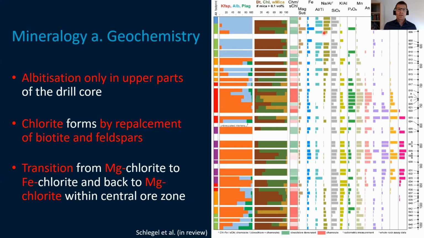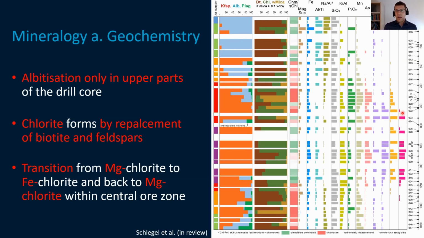We see the broad sodic and potassic alteration envelopes with albite at the top, but this is from assay data, and from potassium over aluminium, basically the indication of K-feldspar alteration. What is important here is that if you take recurrent portable XRF measurements and look at phosphorus, manganese, arsenic, uranium, and uranium from the radiometric measurements, you see a gentle but general increase towards higher copper and gold grades.